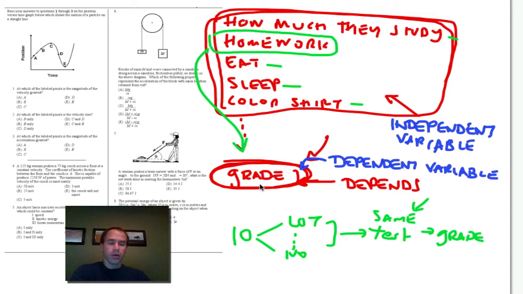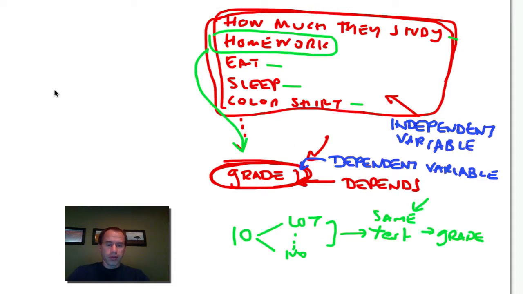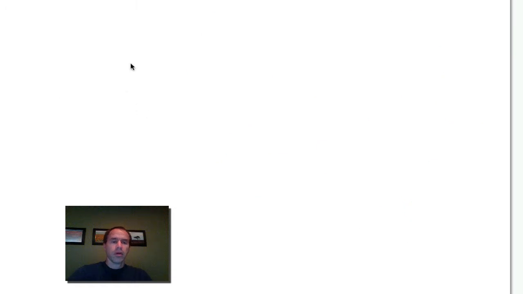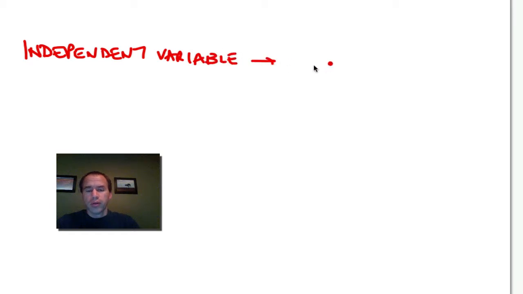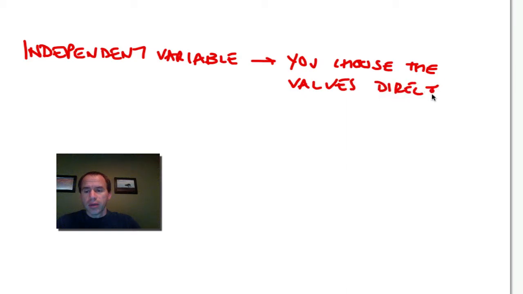All right, so let's summarize a few things here. In a science lab, the independent variable is the one whose values you choose directly. So you decide how much sleep they're going to get, how much they're going to eat, how much homework they do, that kind of stuff, directly.